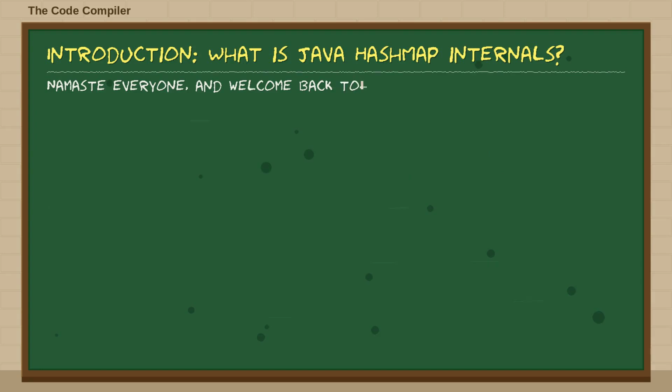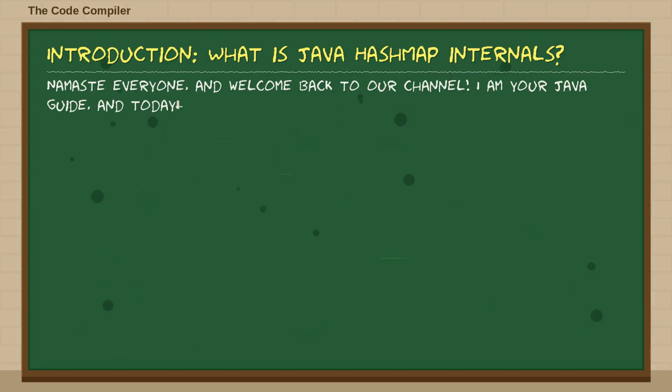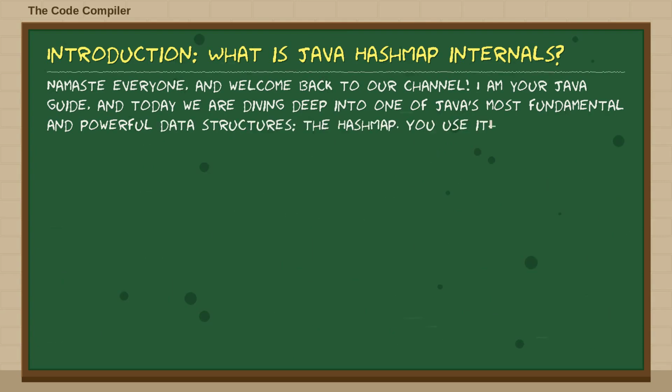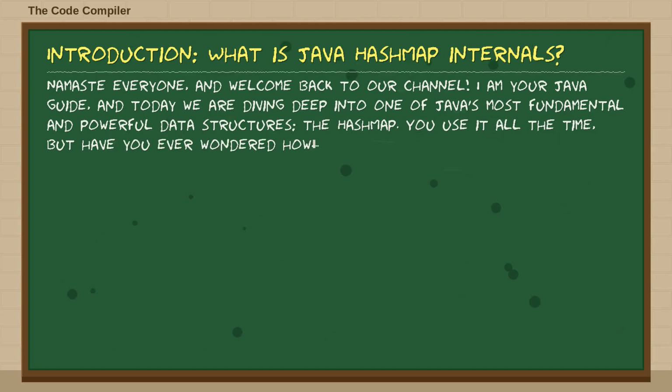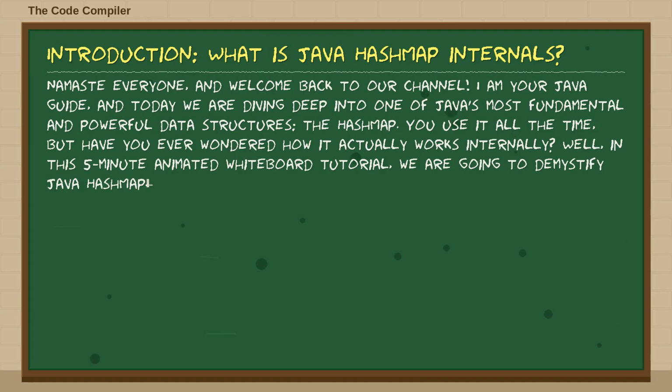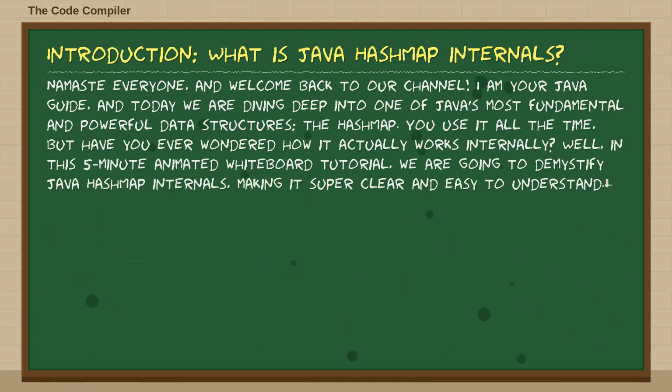I am your Java guide and today we are diving deep into one of Java's most fundamental and powerful data structures, the HashMap. You use it all the time, but have you ever wondered how it actually works internally? Well, in this 5-minute animated whiteboard tutorial, we are going to demystify Java HashMap internals, making it super clear and easy to understand.